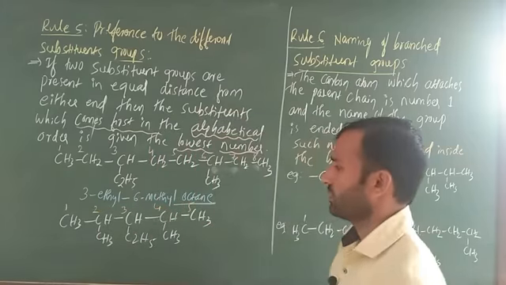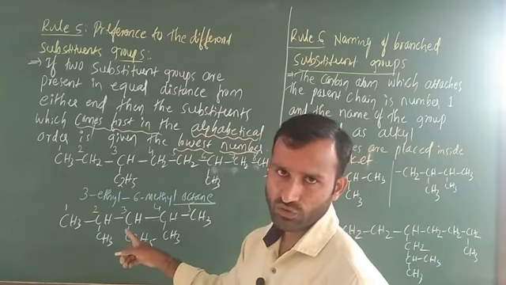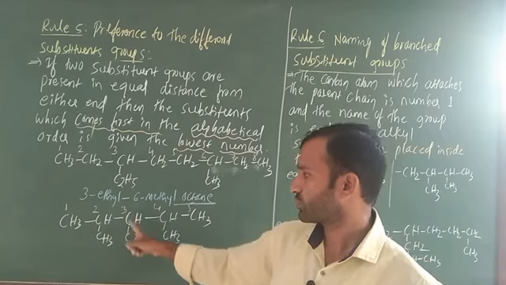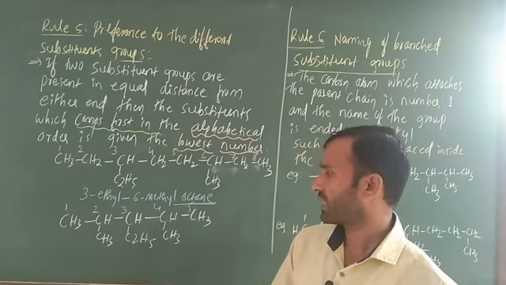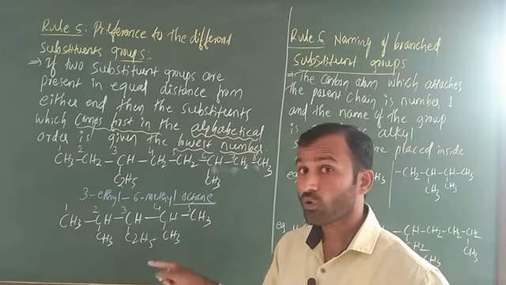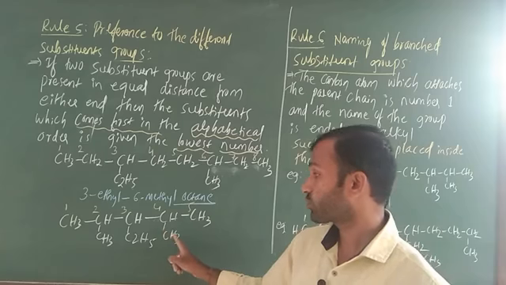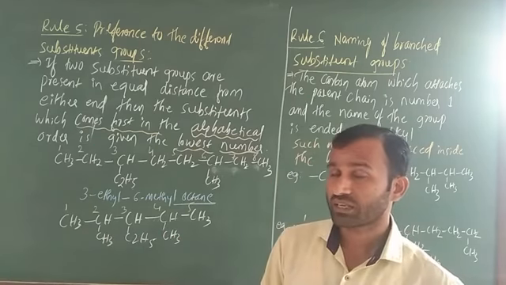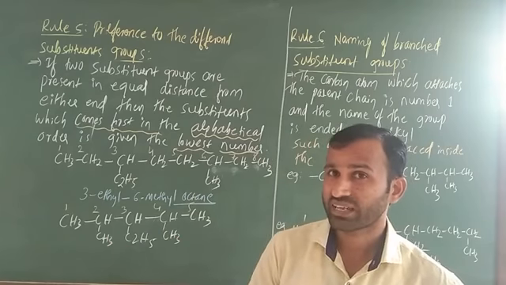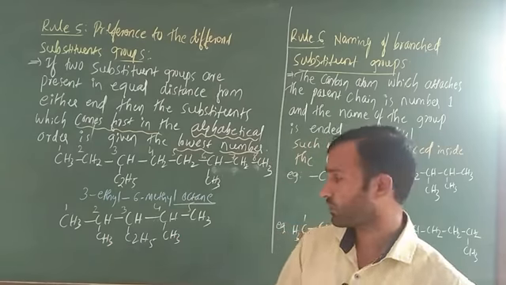Now tell me what is the IUPAC nomenclature of this one. Just here this third position is having an ethyl, you have to write 3 ethyl, 2, 4 dimethyl. Identical groups are there, no, identical groups, that is rule 3. Presence of the identical groups, must and should you have to write di, tri, tetra, penta, hexa, and so on.